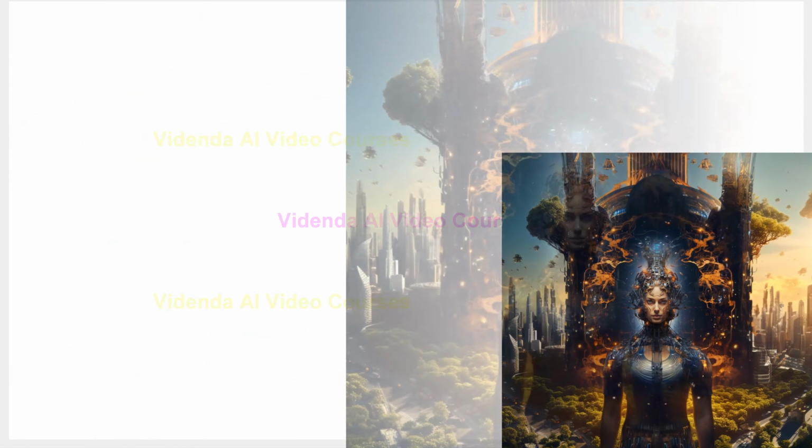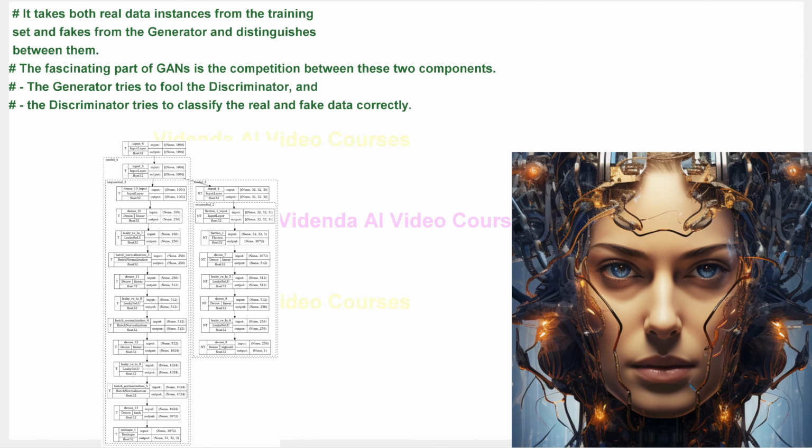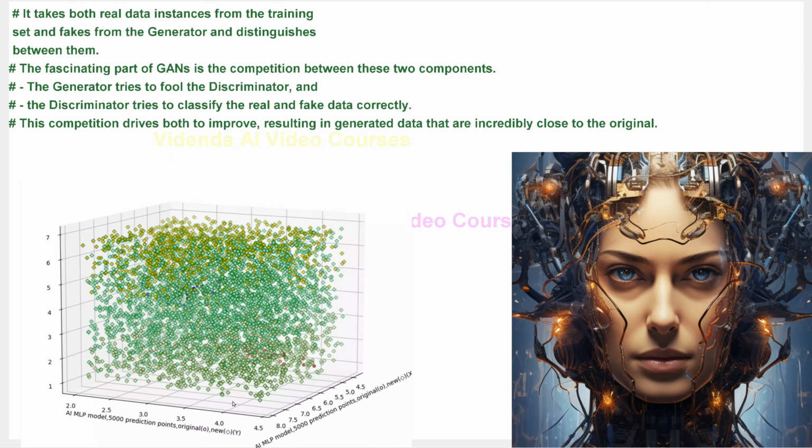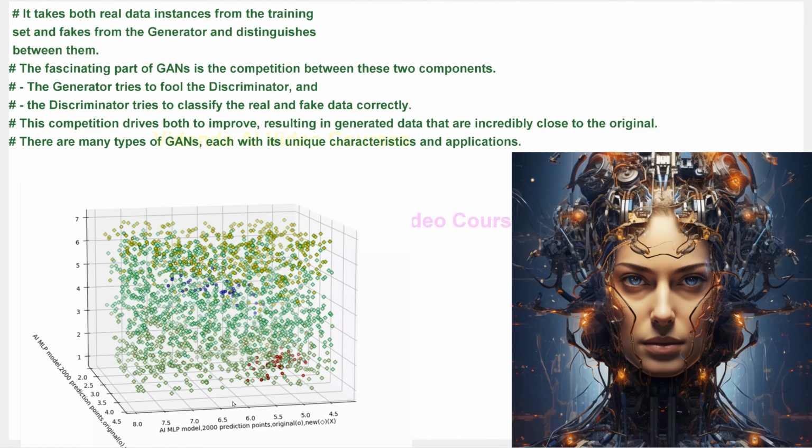The fascinating part of GANs is the competition between these two components. The generator tries to fool the discriminator, and the discriminator tries to classify the real and fake data correctly. This competition drives both to improve, resulting in generated data that are incredibly close to the original.